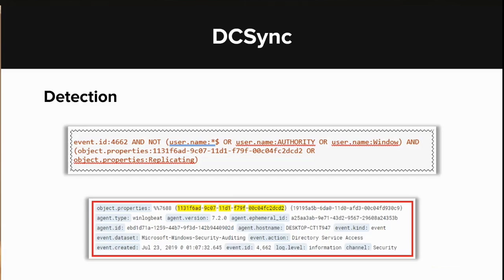So by doing this, we're going to get rid of noise, of known things that will occur, and only get alerts on those that are really suspicious. And what we're going to see in the event ID that we have flagged on the picture is exactly that. There's an account which was used to perform directory replications, and it was not coming from the domain controller.